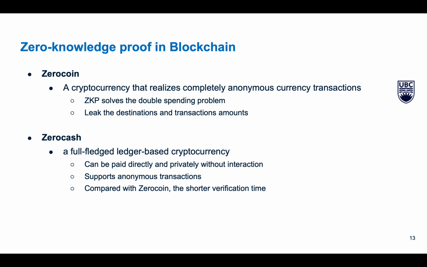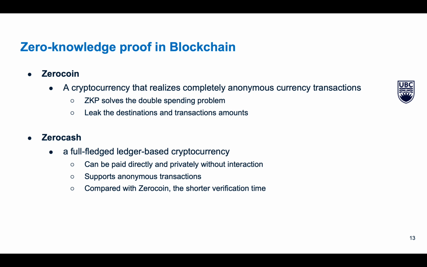Specifically, double spending is prevented by serial numbers. The serial number corresponds to the funding in the commitment. Moreover, each participant can track the transactions according to the serial numbers. However, Zerocoin still leaks the destination and transaction amount information.